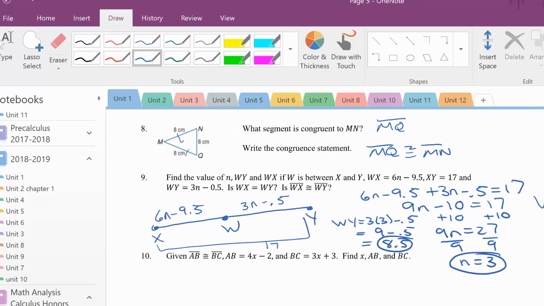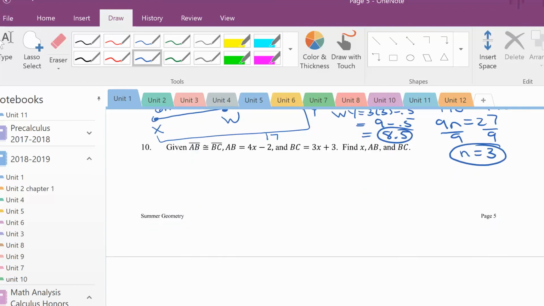All right, so let's look at number 10. So it says, given that these two segments are equal and AB equals 4x minus 2 and BC equals 3x plus 3, find x, AB, and BC. Well, since we know they're equal, that means we can set the equations equal to each other since they're congruent. So we can solve.